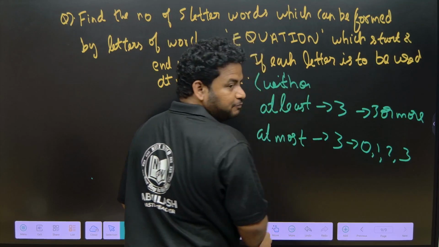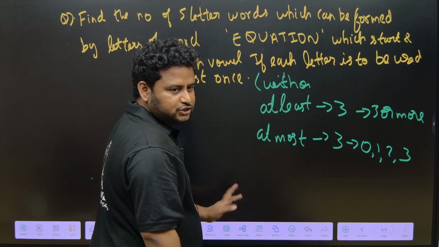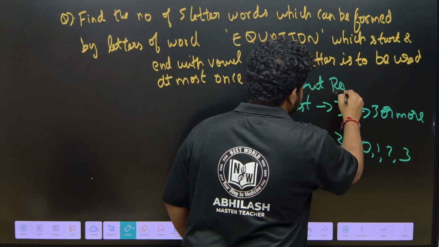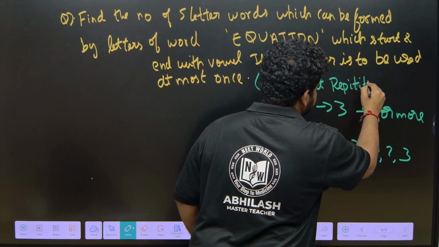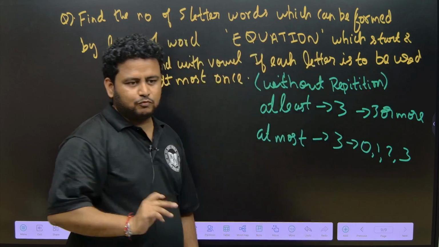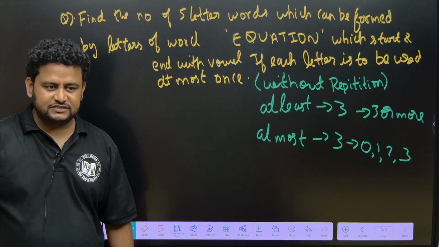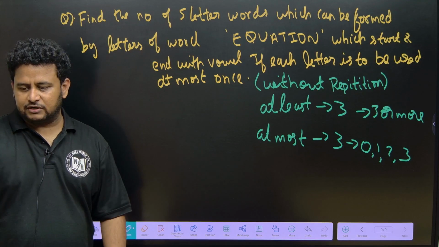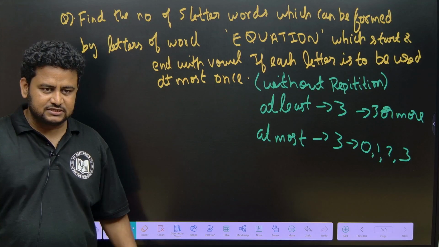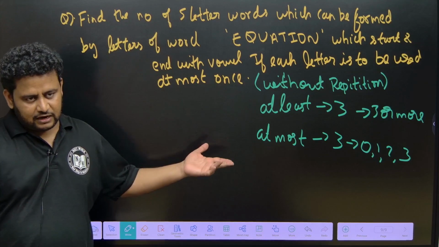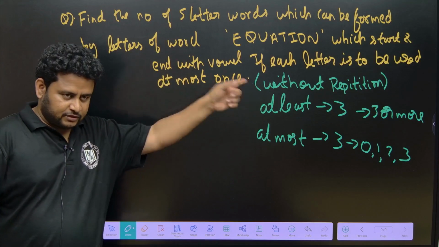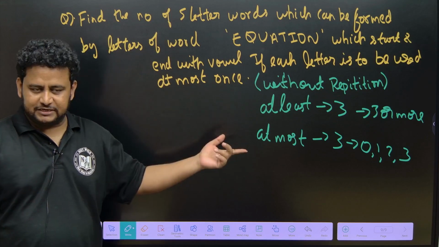At most once means 1 or 0, it is without repetition. If they say at least once, it means with repetition. At most is without repetition, at least is with repetition. So, this is the meaning.